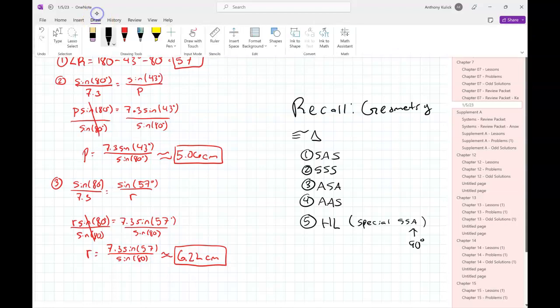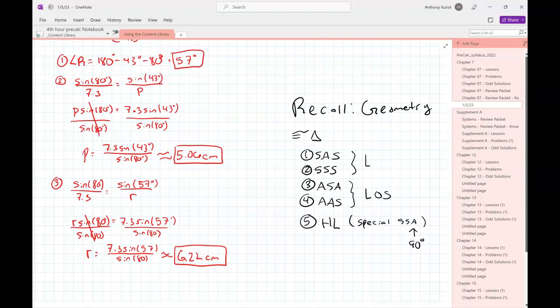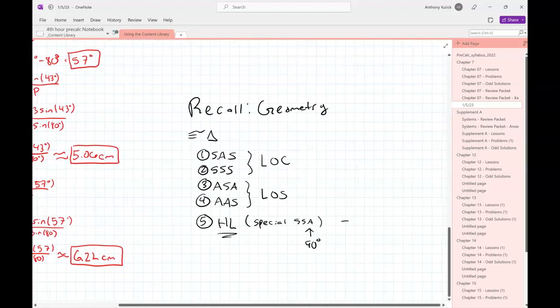So what's this saying to us? This is actually describing the cases in which we'd use the law of sines versus the law of cosines. Now, we haven't talked about the law of cosines yet, but we'll see that in another section or two. What do we use for this hypotenuse leg situation?